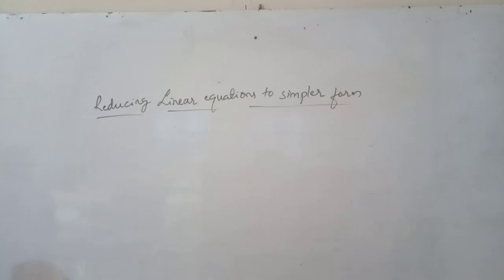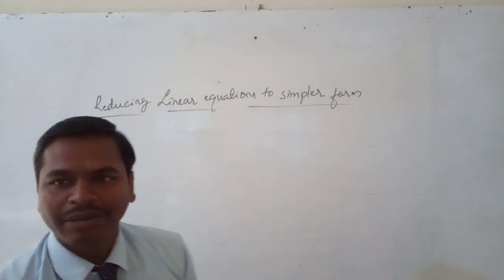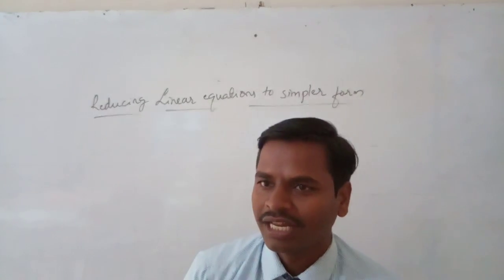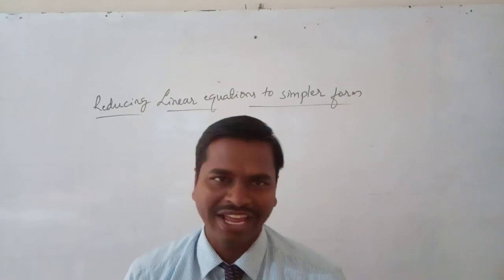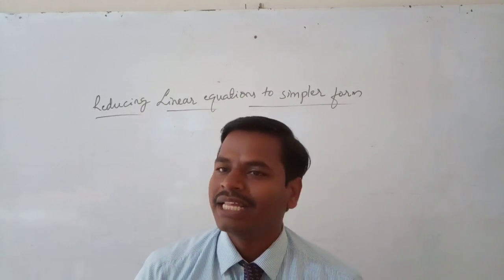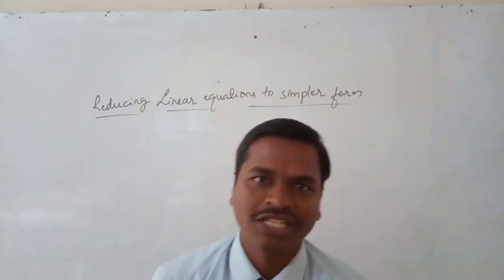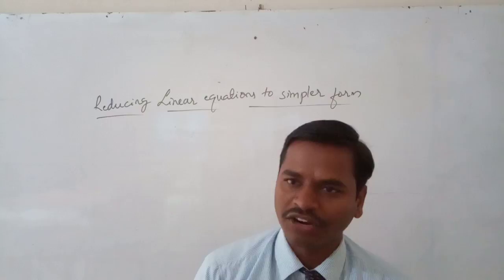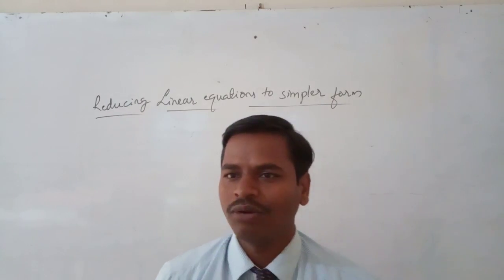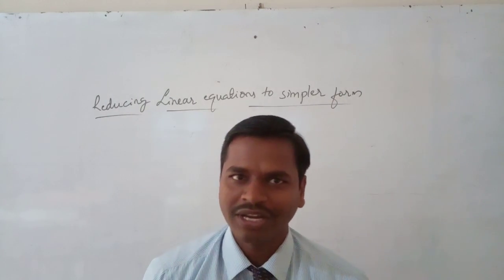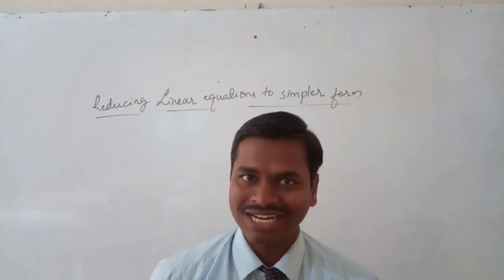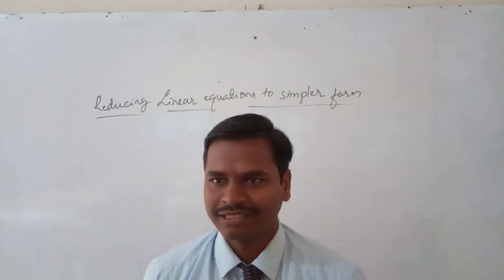In the previous class, you were given very simple linear equations and you solved them, finding the value of x. But here, they will give you fractions, decimals and complicated linear equations. First, you will convert them to the simpler form, then you will find the value of x. Today, we will solve some more examples like that.